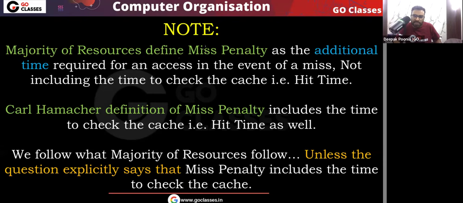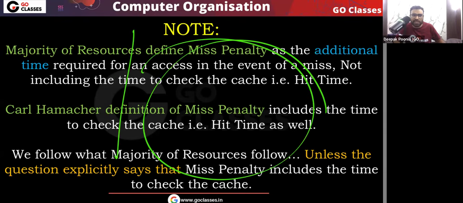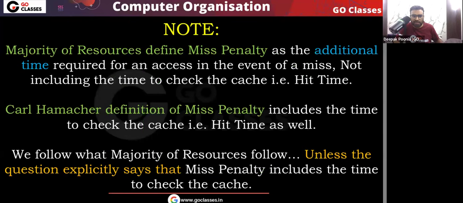So remember, by default, we are going to follow the Patterson and Hennessy book, and we are going to consider that miss penalty does not include the time to check the cache memory for a hit or a miss. Okay, after the miss detection, the entire additional time taken to access, that is your miss penalty.